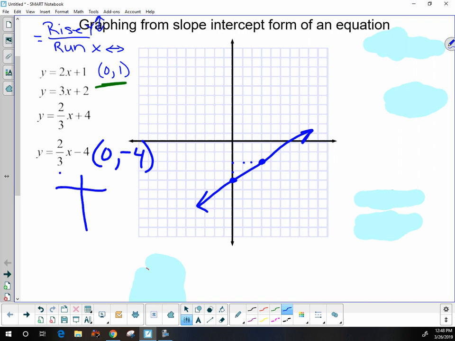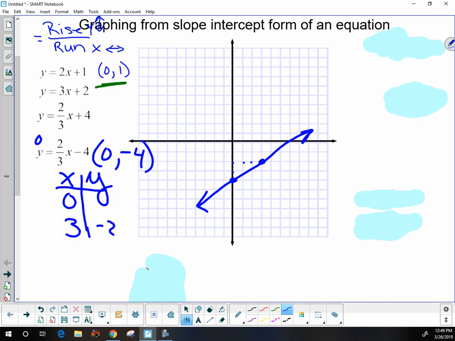You can still do the t-chart. Check your points. You're still going to get the same answer for this. It's going to be weird to put this in because then you're going to have to divide both sides by 2/3. And I know you like to avoid fractions. So maybe you want to put something in, like I showed you last time, the 3. And you'll be able to cancel.